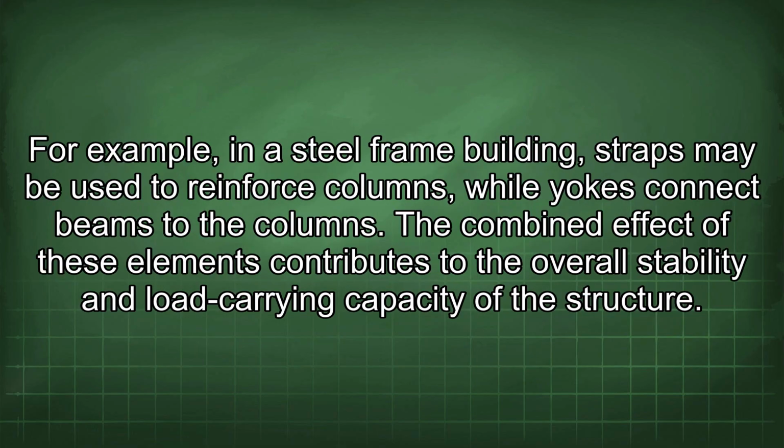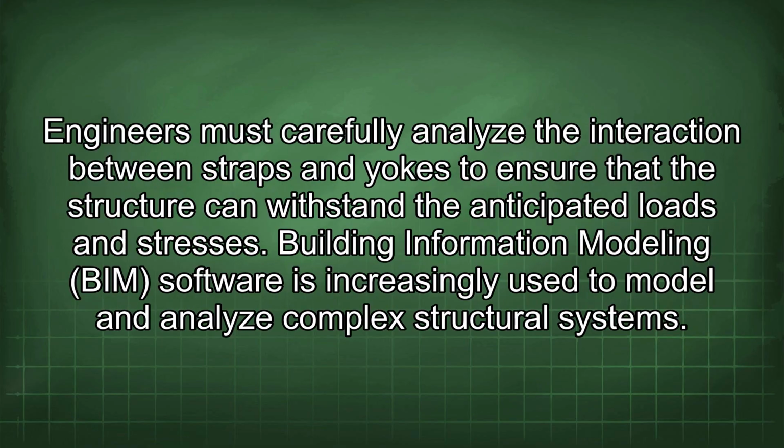In complex structural systems, the interaction between straps and yokes can be critical. For example, in a steel frame building, straps may be used to reinforce columns, while yokes connect beams to the columns. The combined effect of these elements contributes to the overall stability and load-carrying capacity of the structure. Engineers must carefully analyze the interaction between straps and yokes to ensure that the structure can withstand the anticipated loads and stresses.